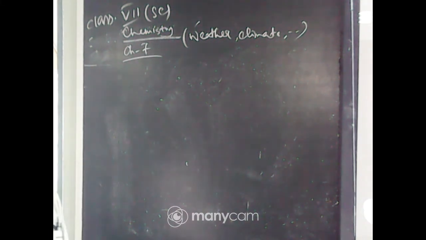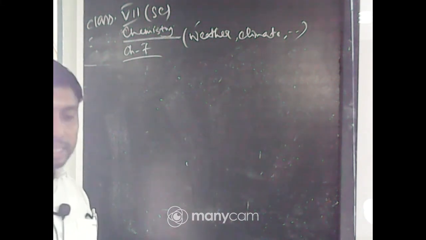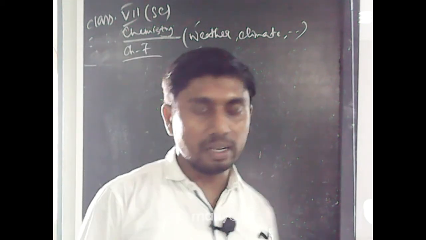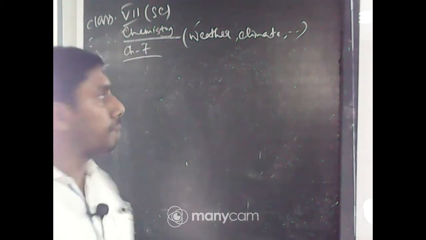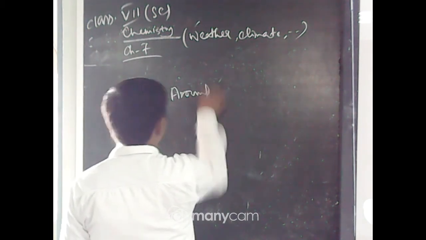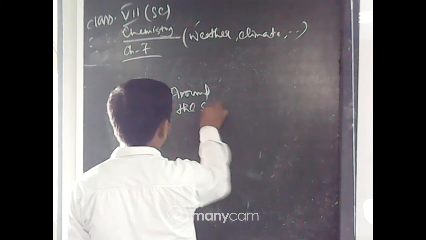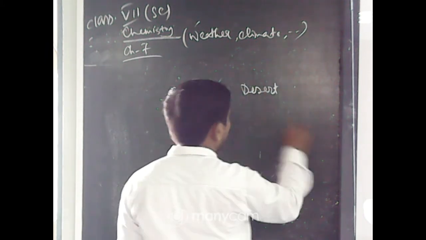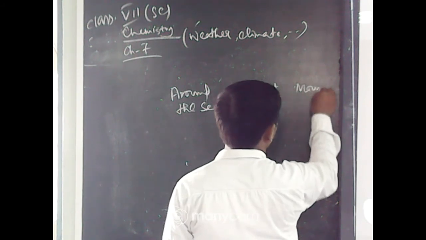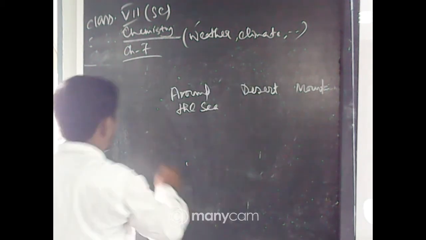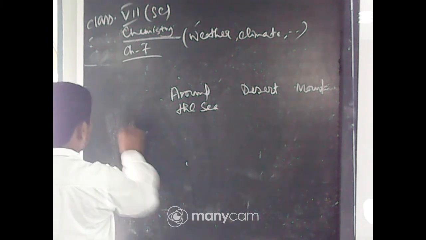Okay. Now, just make a comparison of the weather. It is given here in 3 parts: around the sea, in the desert, and also in the mountain. So, first of all, in the sea, the temperature.